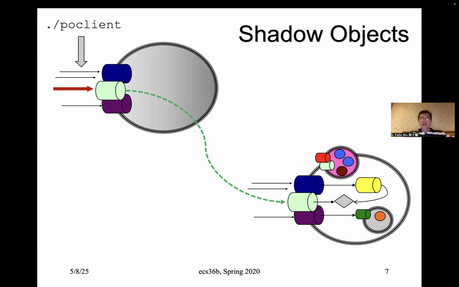That's the concept of shadow object and remote object. Essentially, what we separate is the proxy object versus the concept of remote object we talked about last time.